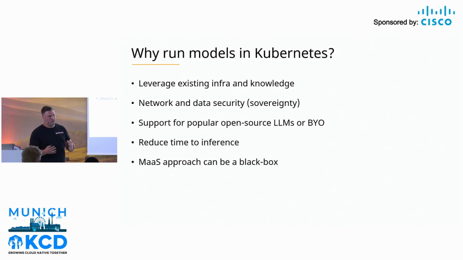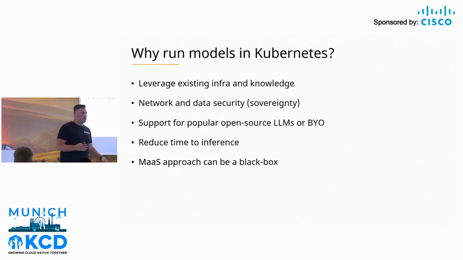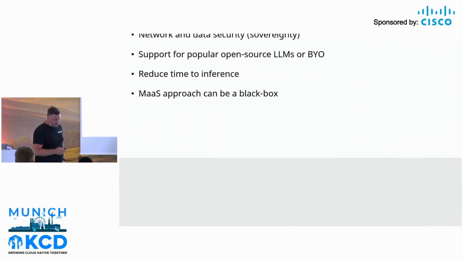You don't know how the model is trained and with which parameters. So it can be a black box, even if OpenAI says it's open source. That's why you have the support for these open source models, or you can also bring your own. If you know Hugging Face, it is a famous hub for open source models. So yeah, these are the reasons why we run it in Kubernetes.